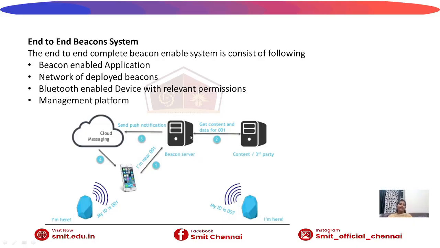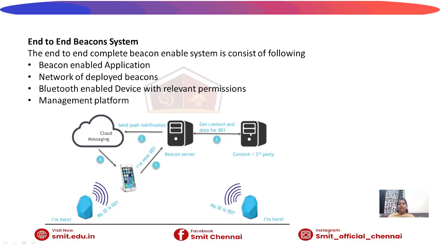It sends the data to the beacon server, saying I am near 001. After that, the beacon server gives the information to the third party and also receives the content and data for 001.